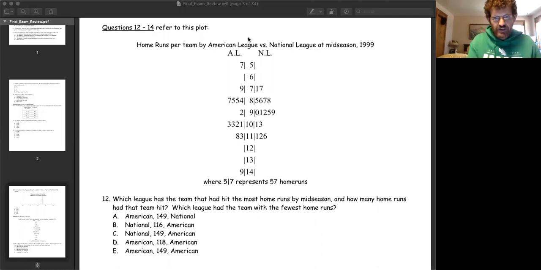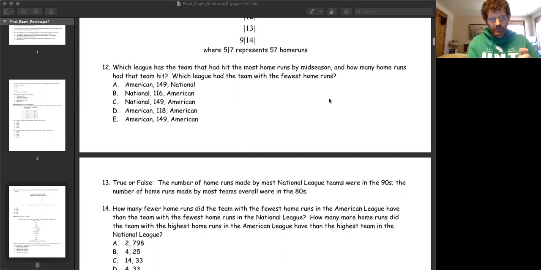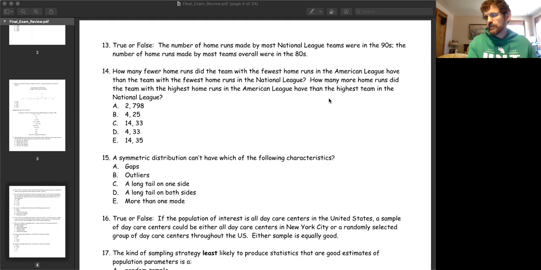It looks like in both of these, the American League had the fewest and the most. The actual amount of home runs hit the most was 149. And remember, something like this would be 90, 91, 92, 95, and 99. So keep in mind how to read these stem plots. The back-to-back doesn't change it too much, but it's worth looking at.